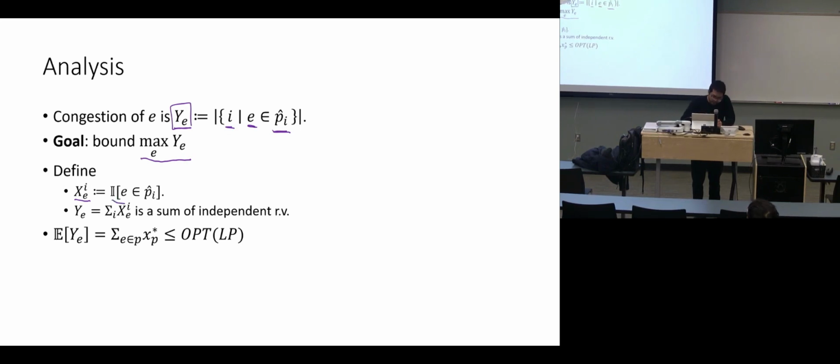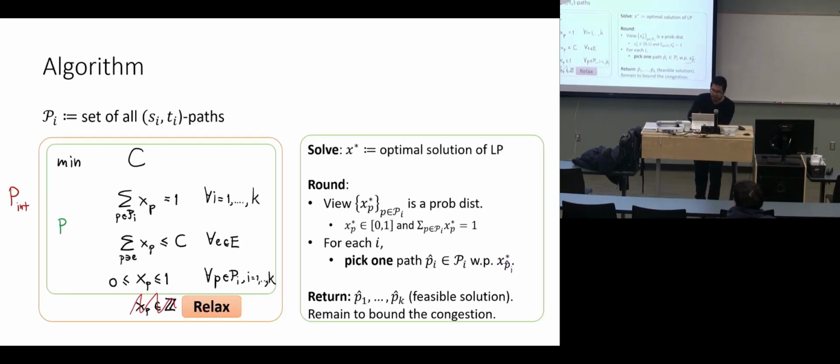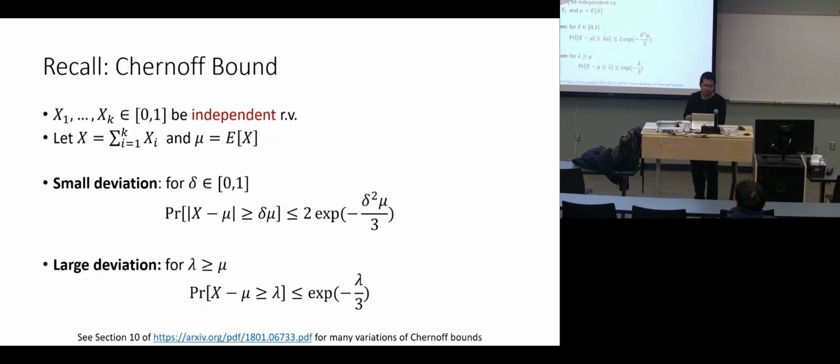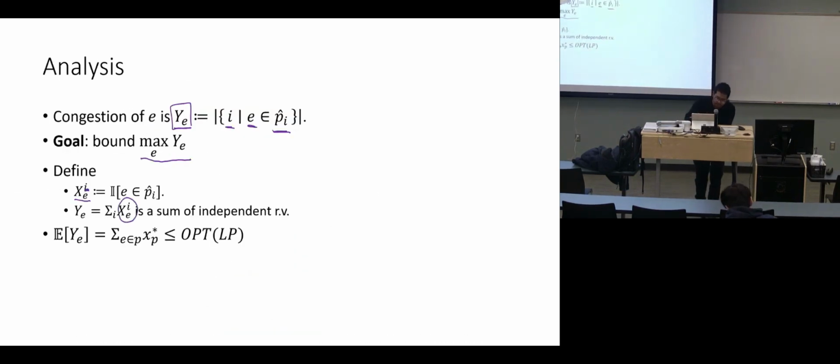This indicates whether e is in the ith path that I choose. And now you see that for each different i, the X_{e,i} are independent, because for every pair I just choose each path independently.